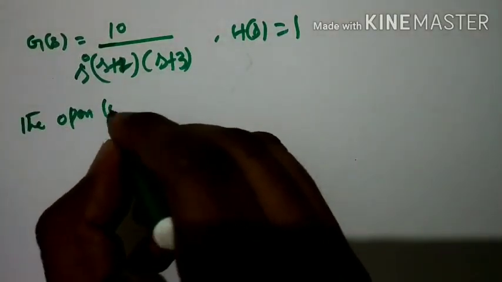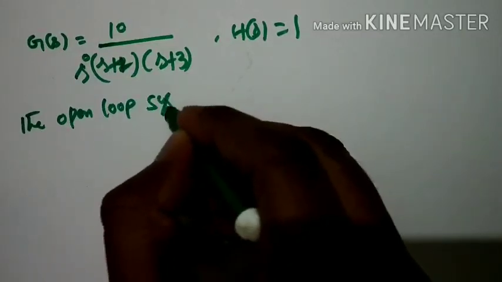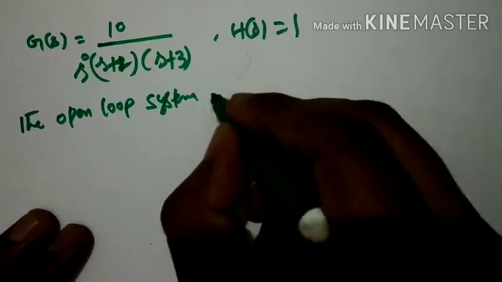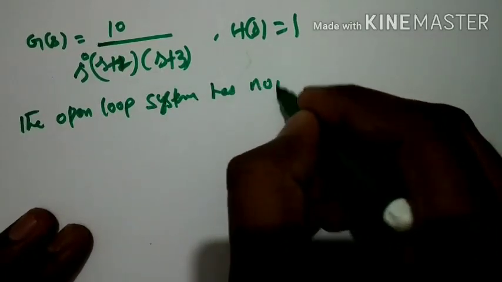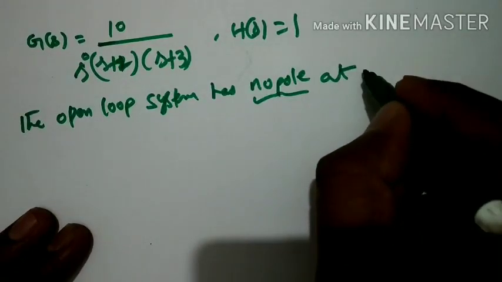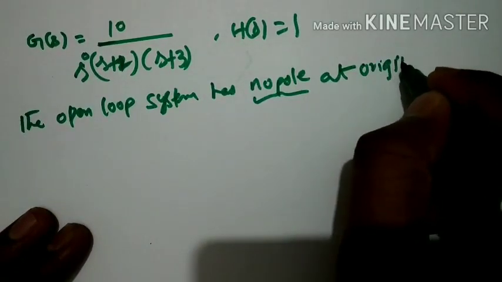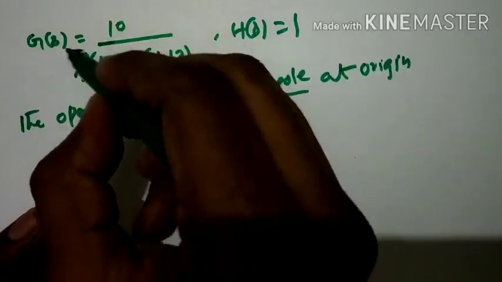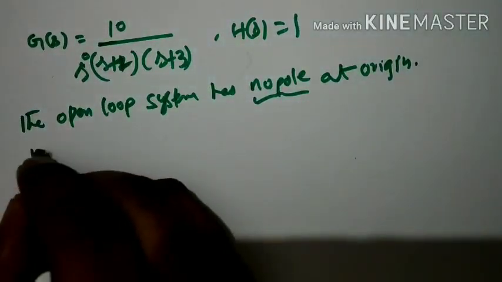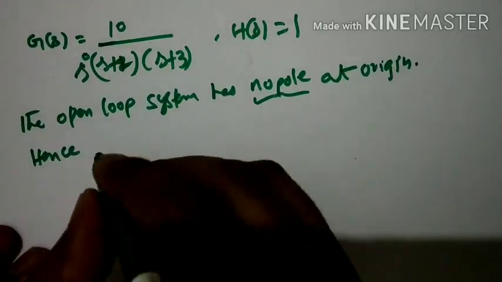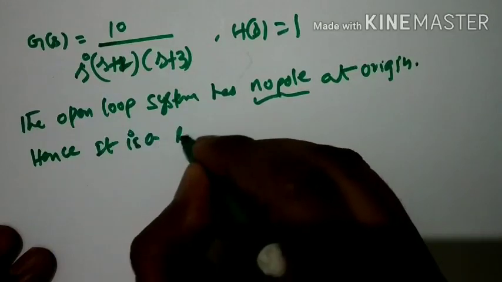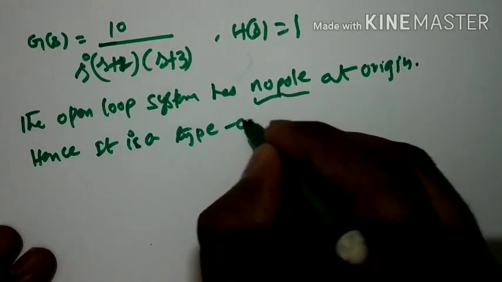Here I am going to write: the open loop system has no pole at origin. So s power 0 means no pole at origin, hence it is a type 0 system.